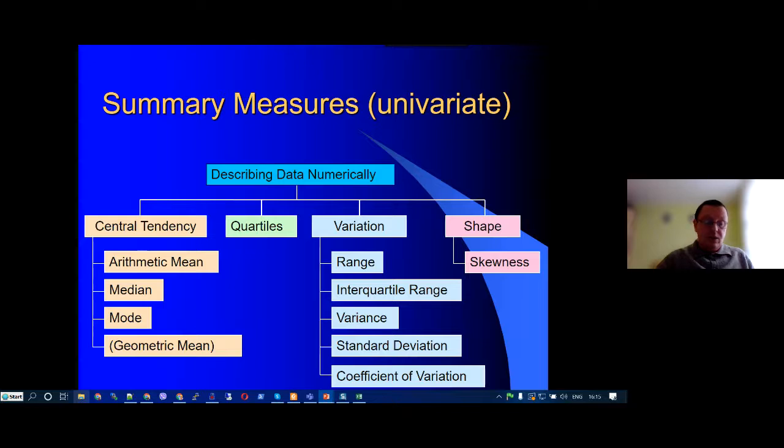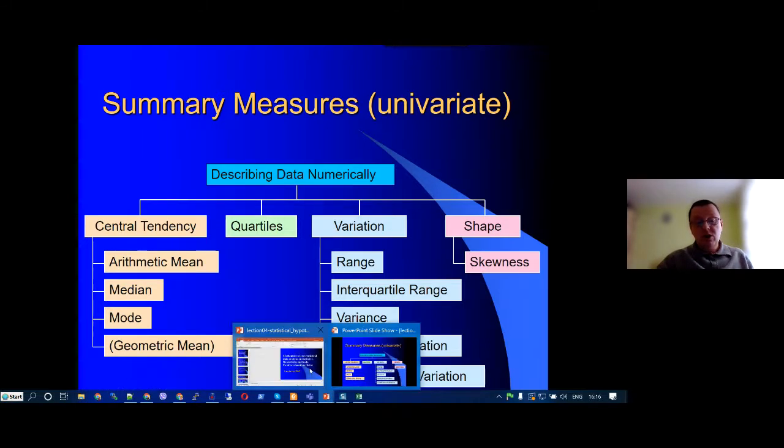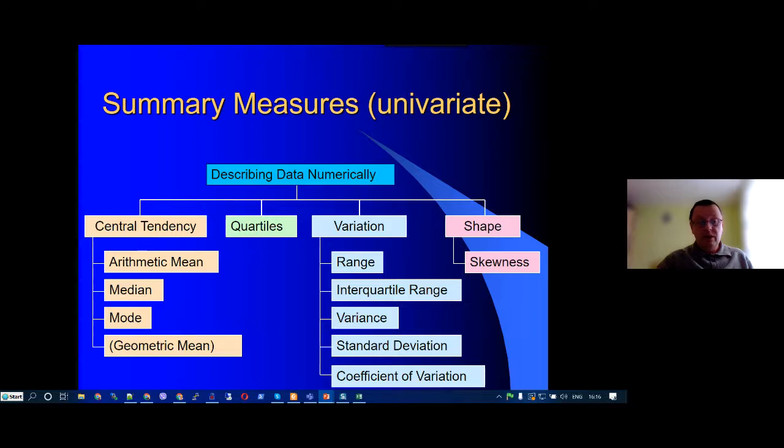Actually, this list is not finite. We can add more descriptive statistic parameters, which are not used as often as those listed here.